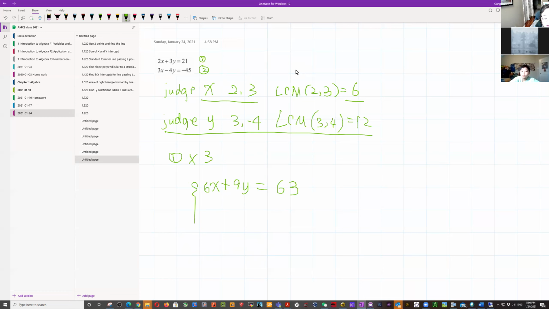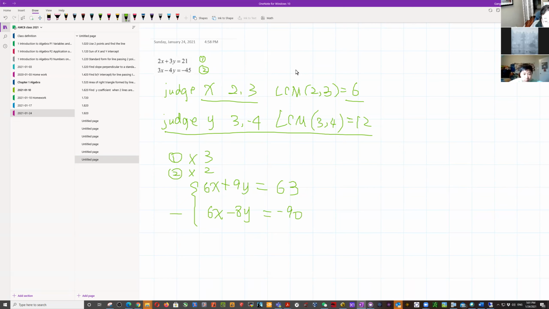And then we also need to multiply 2 by 2, because 3x multiplied by 2 is going to be 6x. Then we can eliminate. Then this is going to be 6x minus 2 multiplied by -4, equal to -8, and equal to 2 multiplied by this, going to be -90.